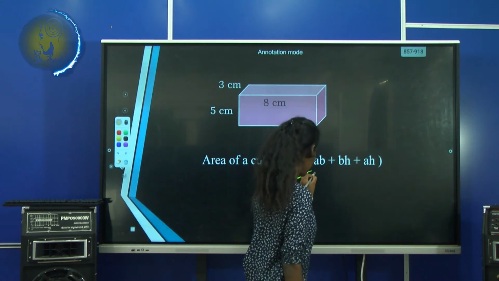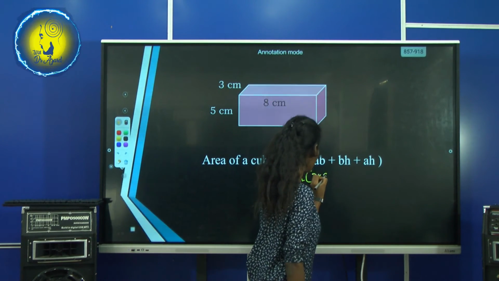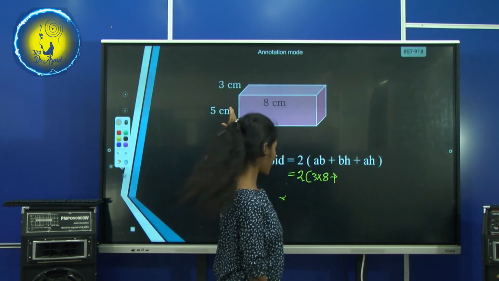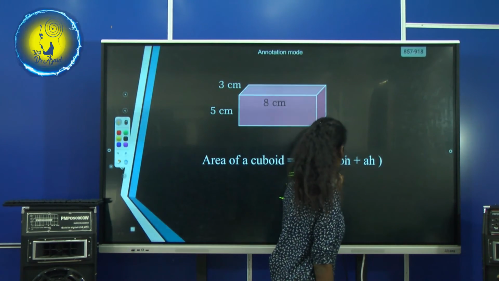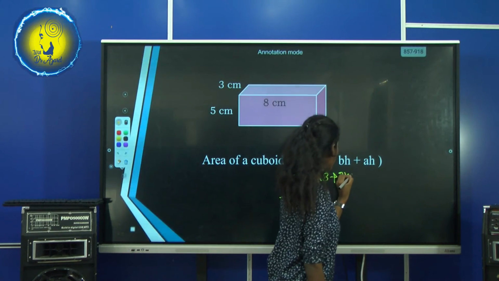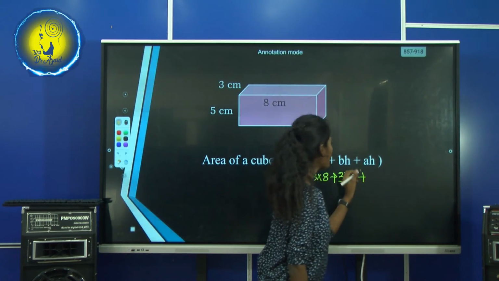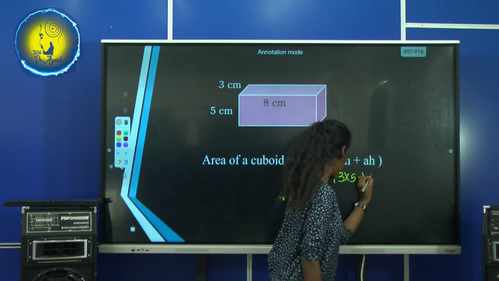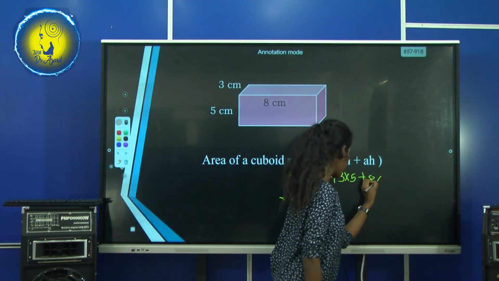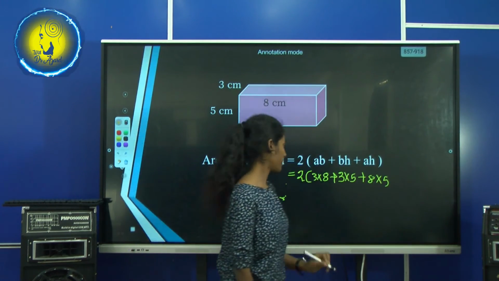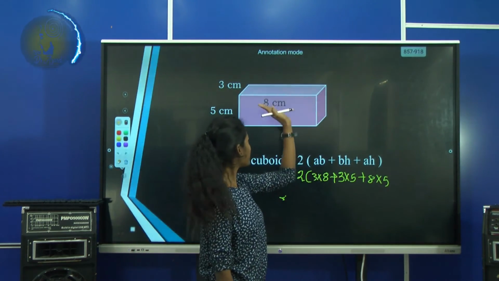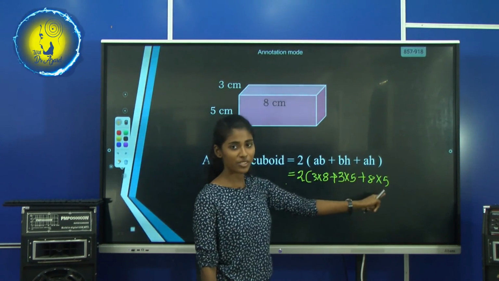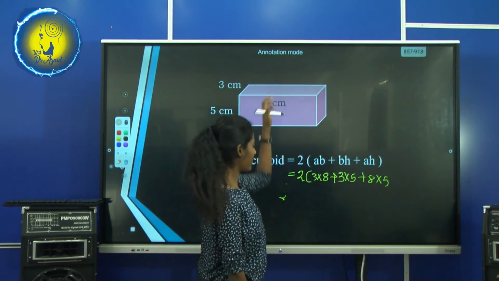How much? 3 into 8 plus BH, this rectangle, 3 into 5. And AH, the front rectangle, 8 into 5.